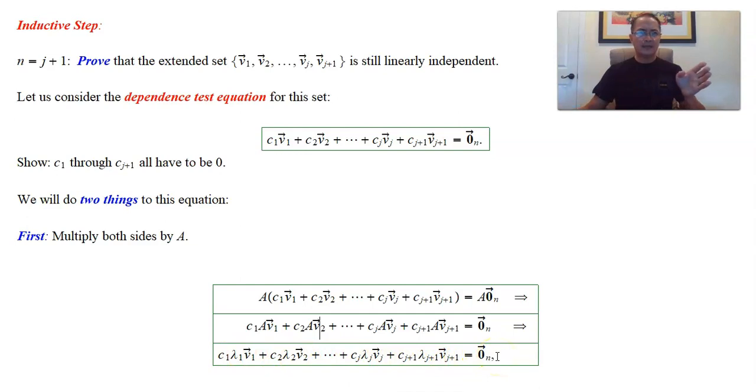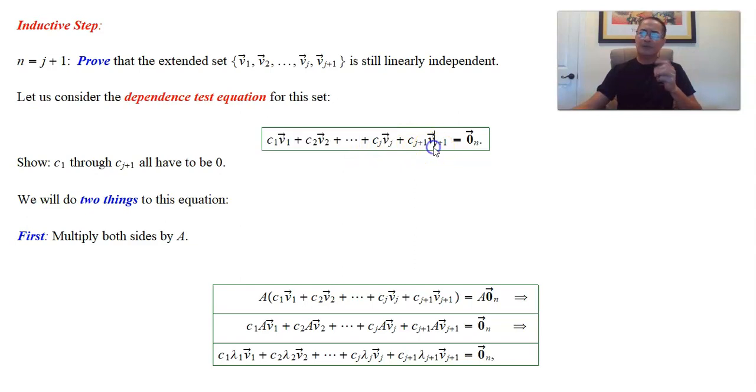Does that tell us that all of these coefficients are zero? Not yet. So what are we going to do? We need to use the induction hypothesis somehow. The hypothesis said that if you only have c1 v1 through cj vj, and that's equal to the zero vector, then all of these coefficients have to be zero.